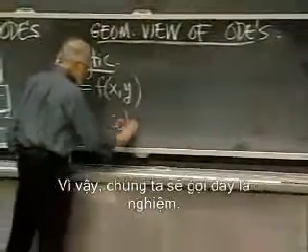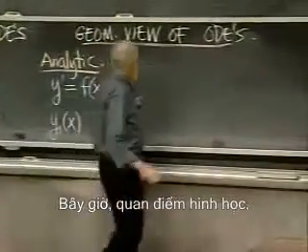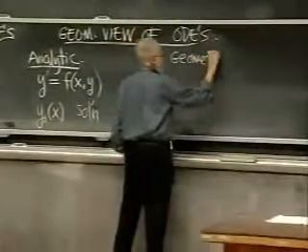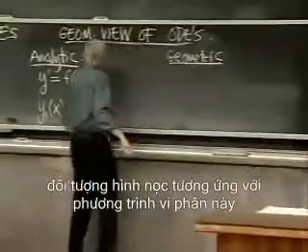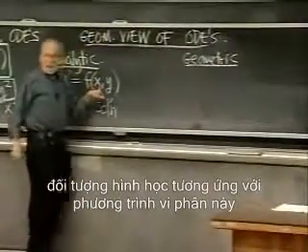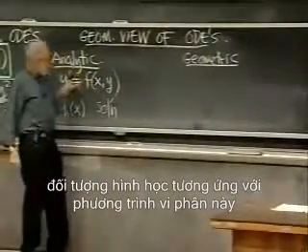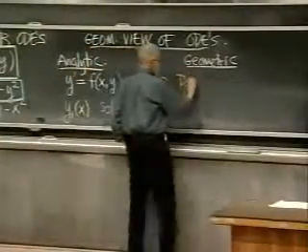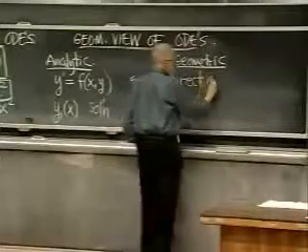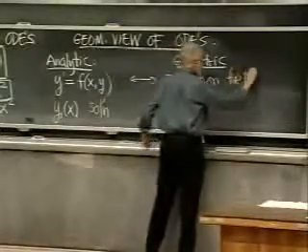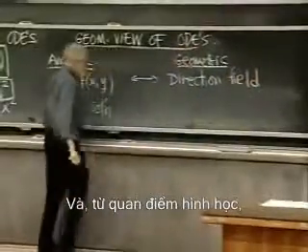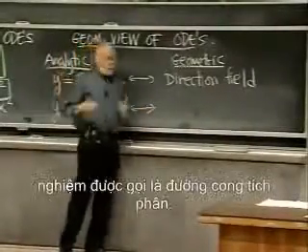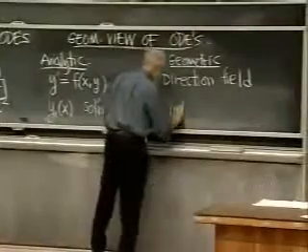So we'll call this a solution. Now, the geometric view, the guy that corresponds to this version of writing the equation, is something called a direction field. And the solution is, from the geometric point of view, something called an integral curve.